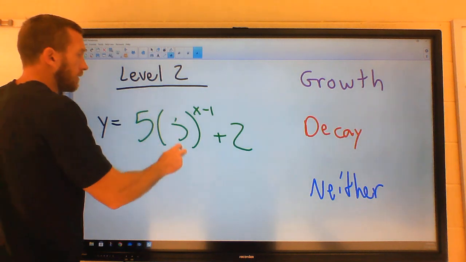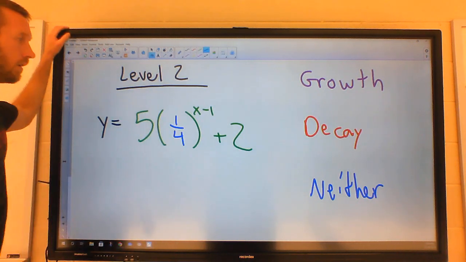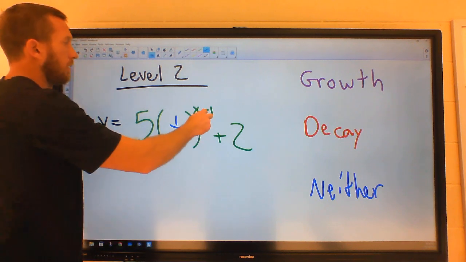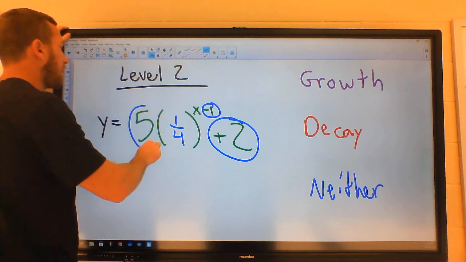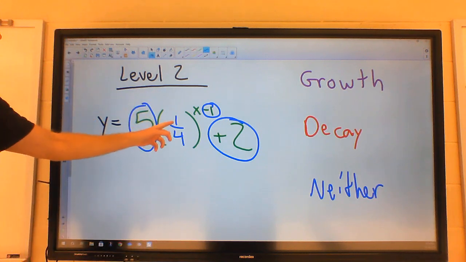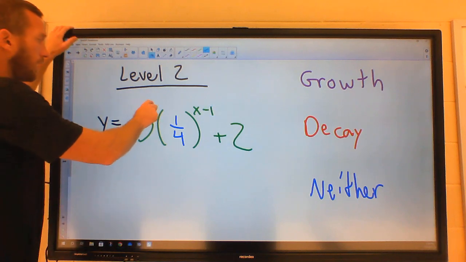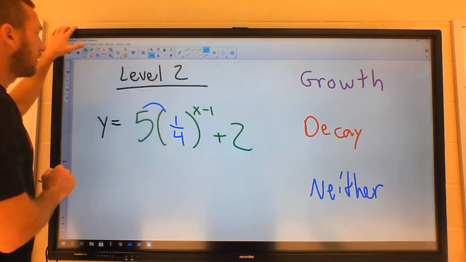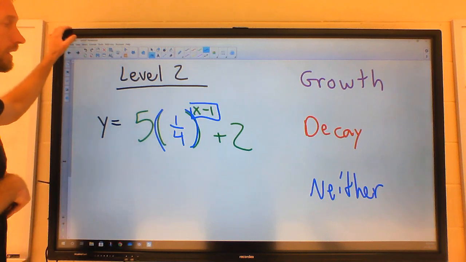Okay, let's change this to be 1/4. Once again, it doesn't matter about this number, it doesn't matter about this number, and it doesn't matter that this number 5 is bigger than 1/4. It does not get to distribute into that. That is not allowed because it's raised to an x power, or an exponent.